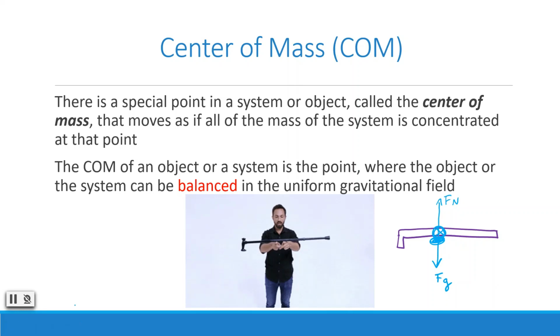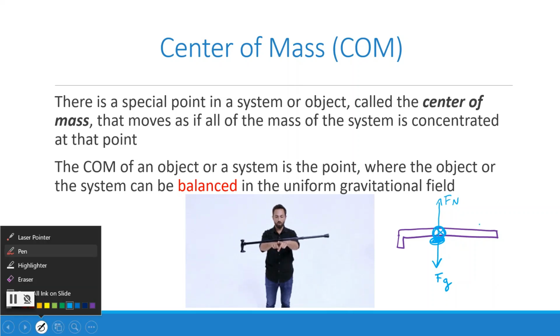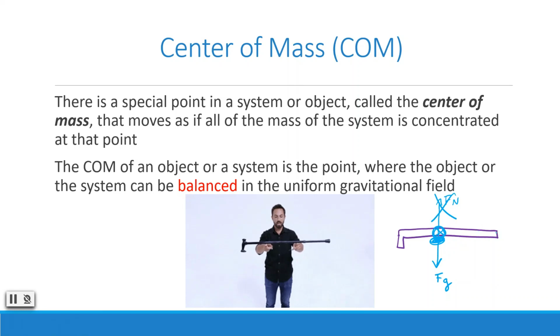Now, if you were to try and support this thing not at the center of mass but on one end, there is a distance here, which we'll eventually call R when we start talking about torque, between the natural center of the object and the support, and that's going to cause a rotation. So if you try and balance an object off of its center of mass, you will end up with a rotation. So the center of mass is basically where the object would be perfectly balanced in a gravitational field.